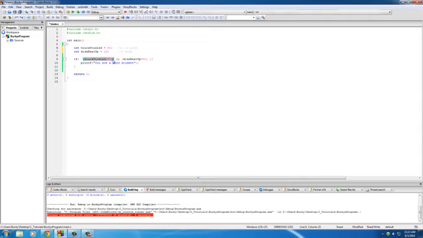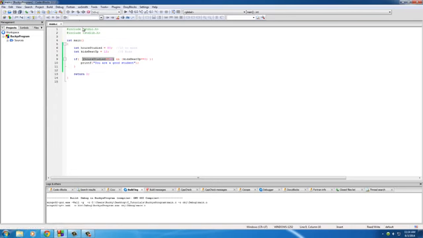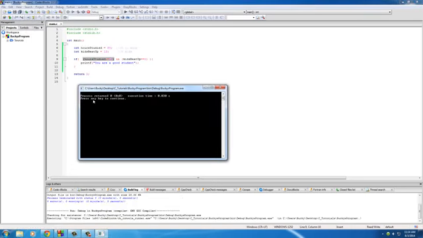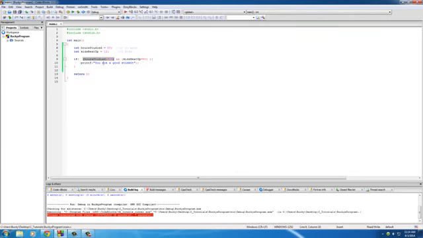This one is true right here. Good job. You studied the adequate amount of time. However, this is false. You beat up some kids, dude. So what's going to happen is this is true and this is false. So this entire thing is not going to run, because this only runs if both of these tests are true. So again, like I said, look at that. Even though he studied the proper amount of time, he beat up the kids, so that test was false.